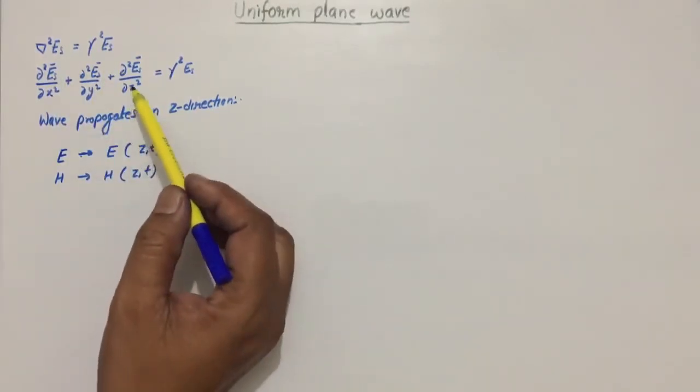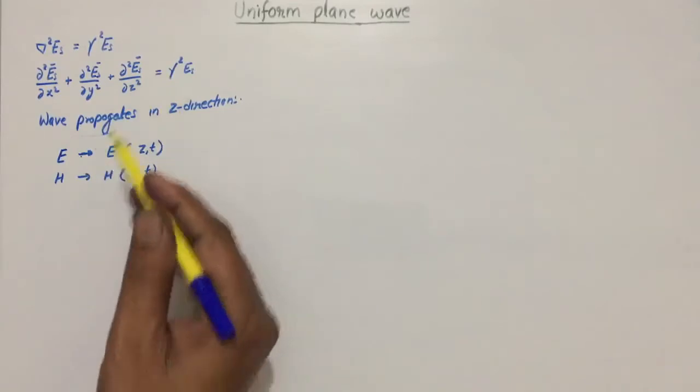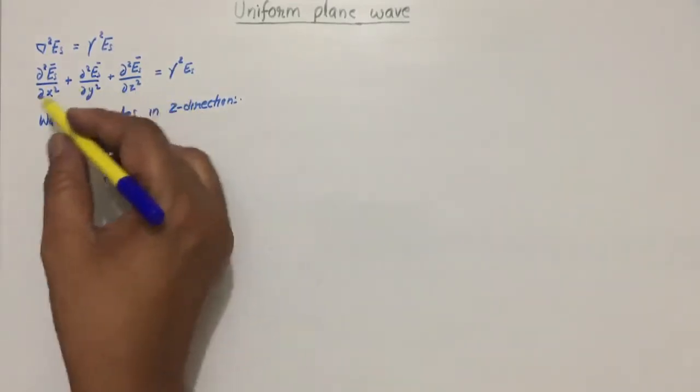The only term that will exist is the one divided by del z square, and the remaining terms will be 0.